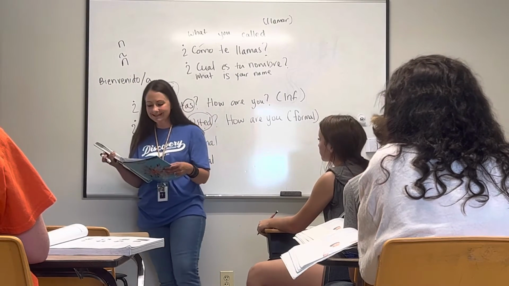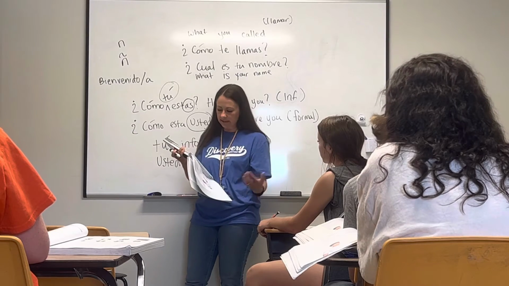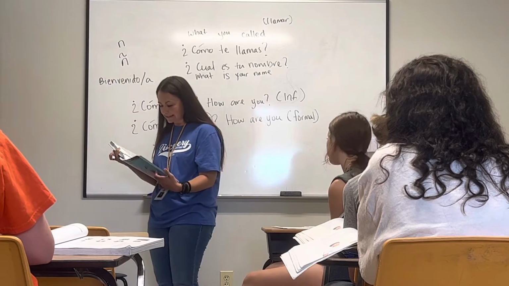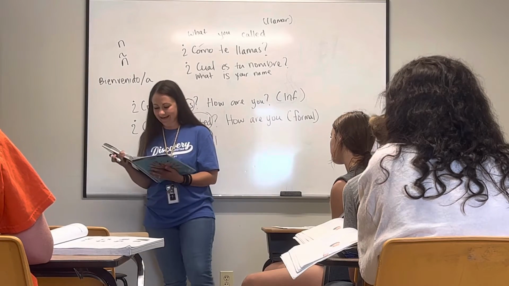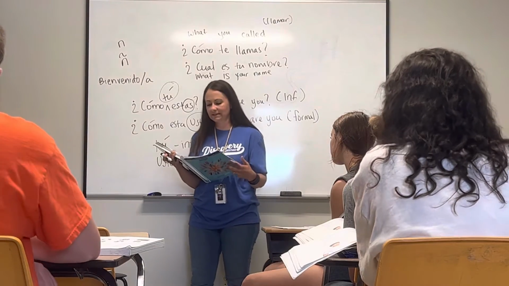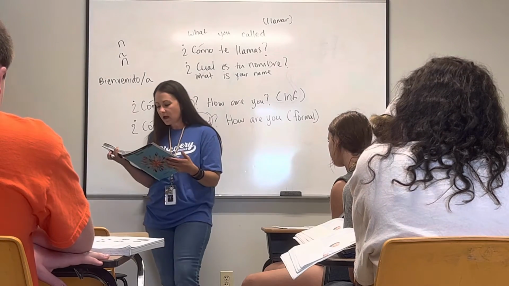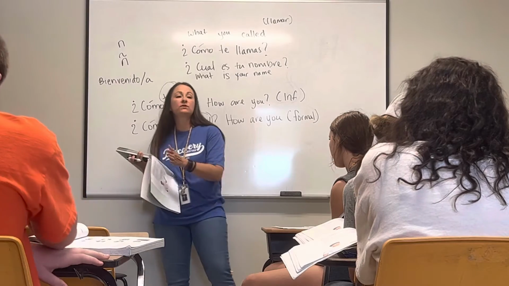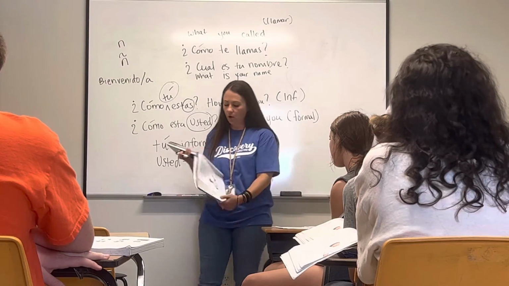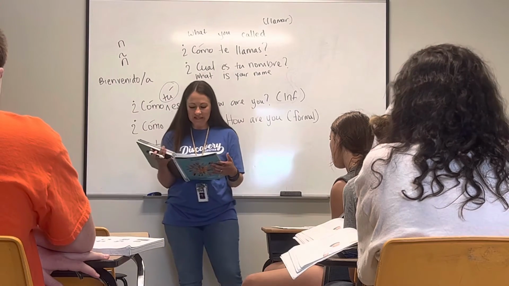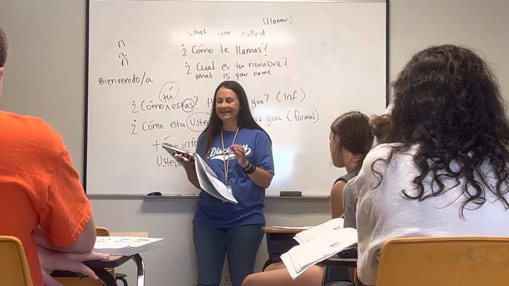So to request something, just to say please, you say por favor. To express thanks, gracias. To say you're welcome, de nada. Or you can say no hay de qué. Don't worry about that, just say de nada. To get by someone, like if you're gonna say excuse me, you say con permiso. To interrupt or get someone's attention, perdón or disculpe.